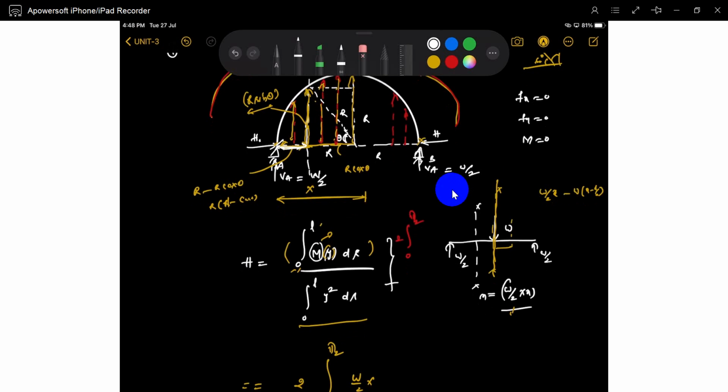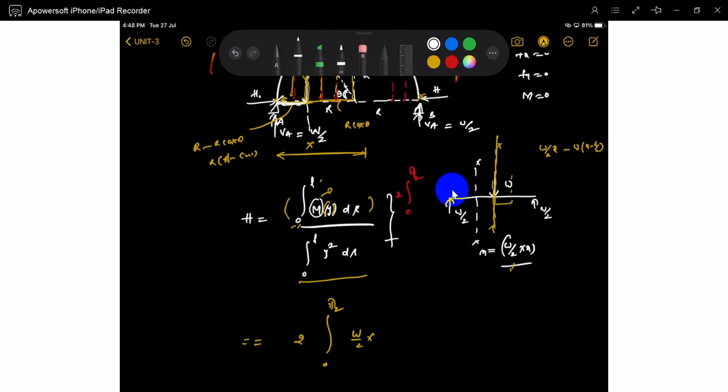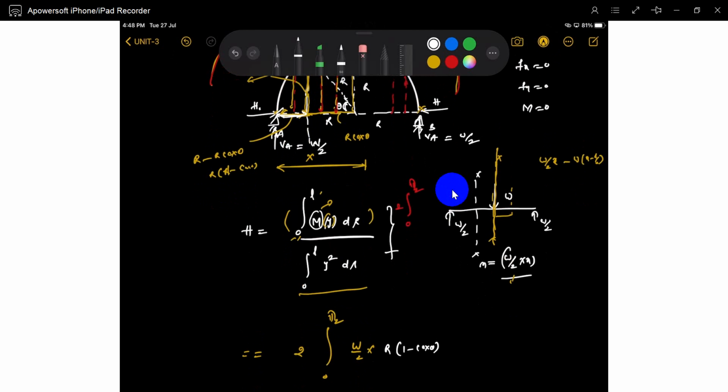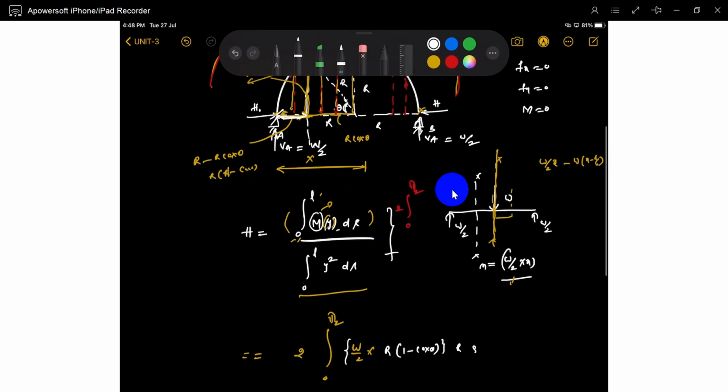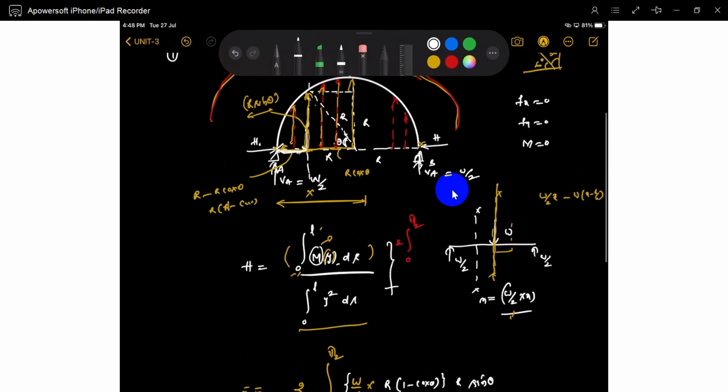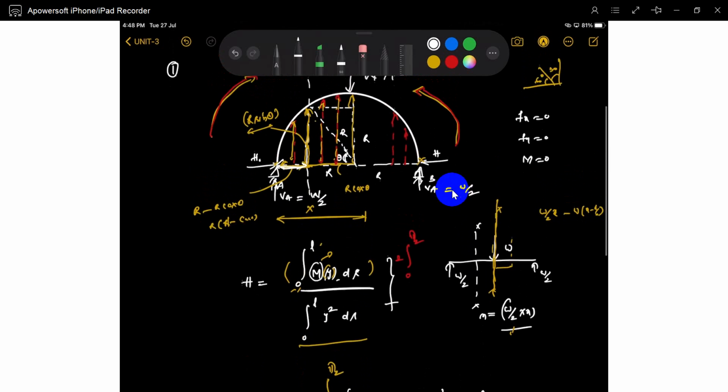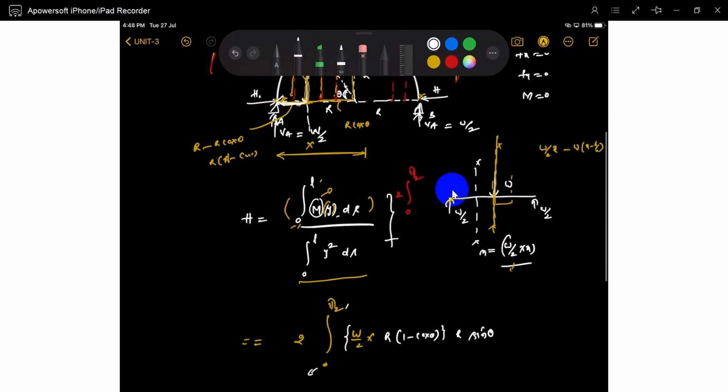So what is x? X is r into 1 minus cos theta. So that's M. So what is y? Y is r sin theta. Theta is changing from 0 to pi by 2.